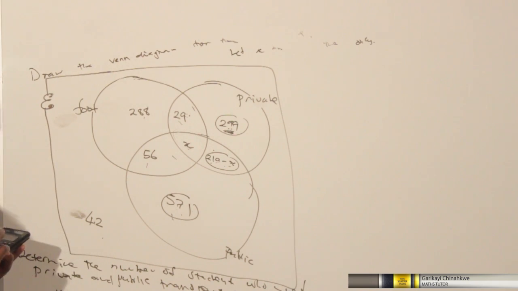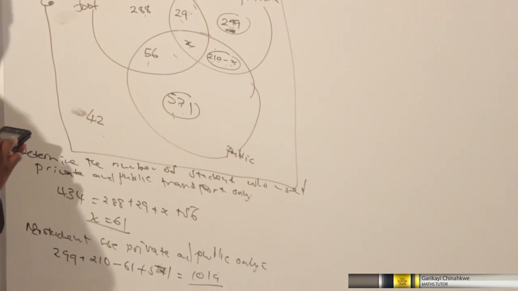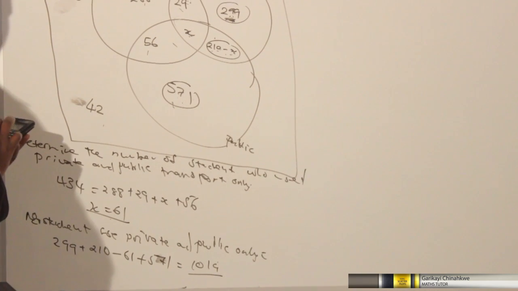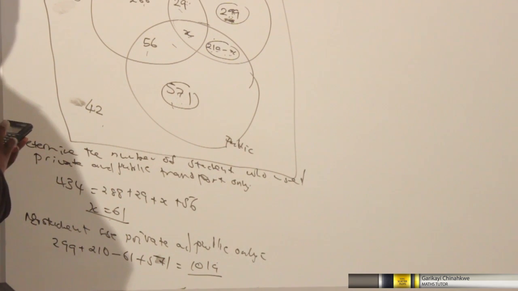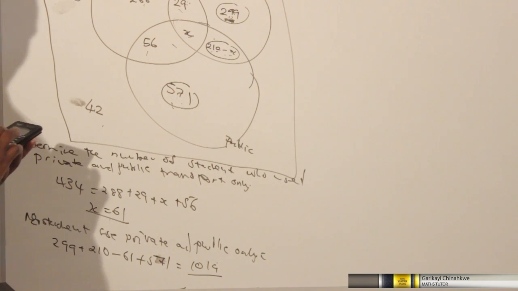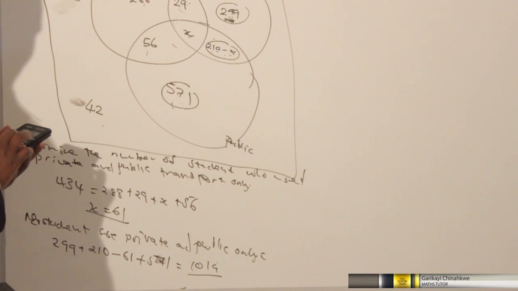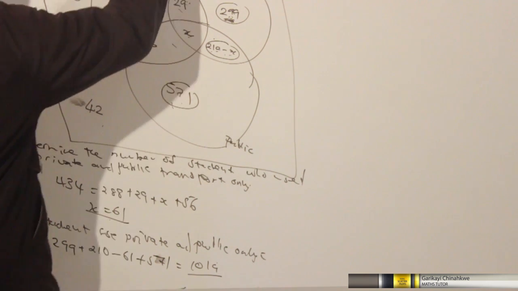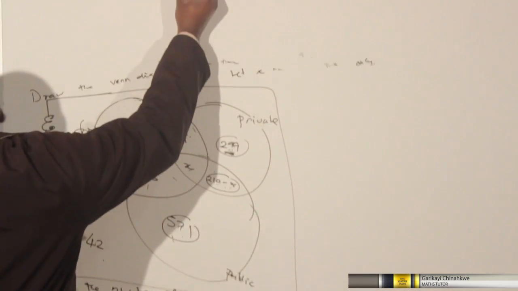So it's going to be 288 plus 29 plus 61 plus 56 plus 299 plus 210 minus 61 plus 571 plus 42, which is equal to 1495.